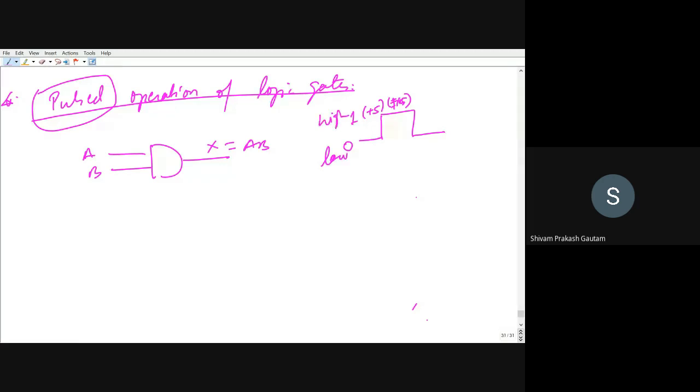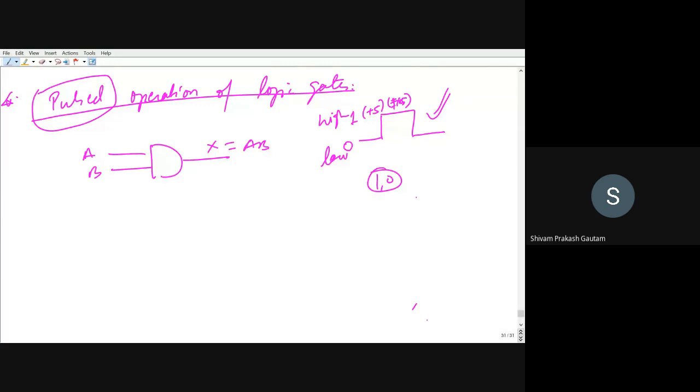So now I will be representing the A variable and B variable in the form of pulses. Earlier we used to represent the A variable or B variable in the form of 1 and 0, but now I will be representing them in the form of pulses, right? 0 means low, and 1 means high, or +5.